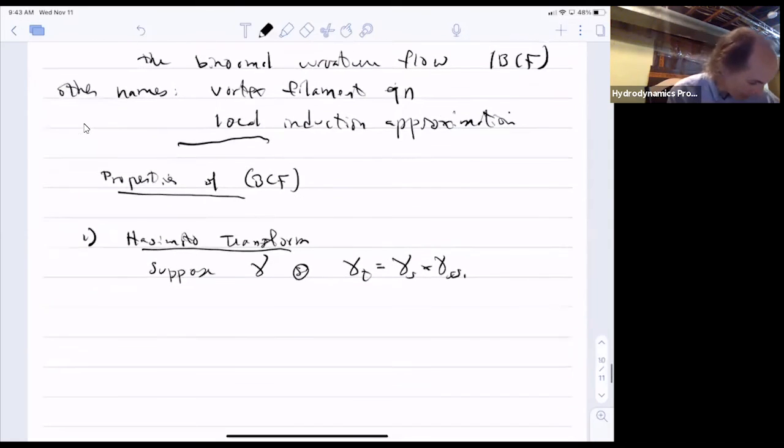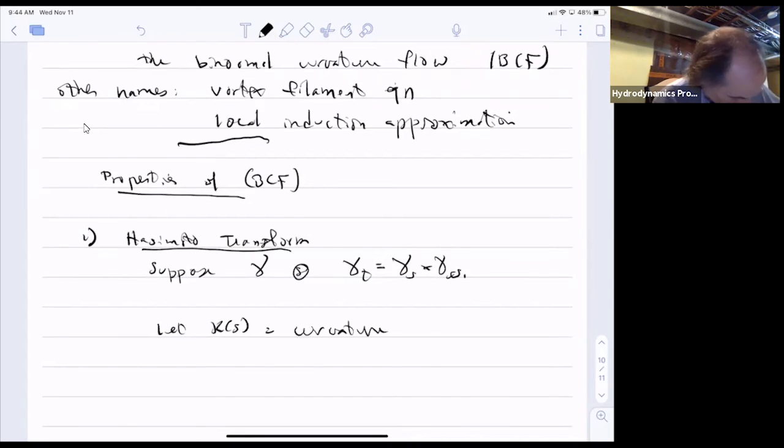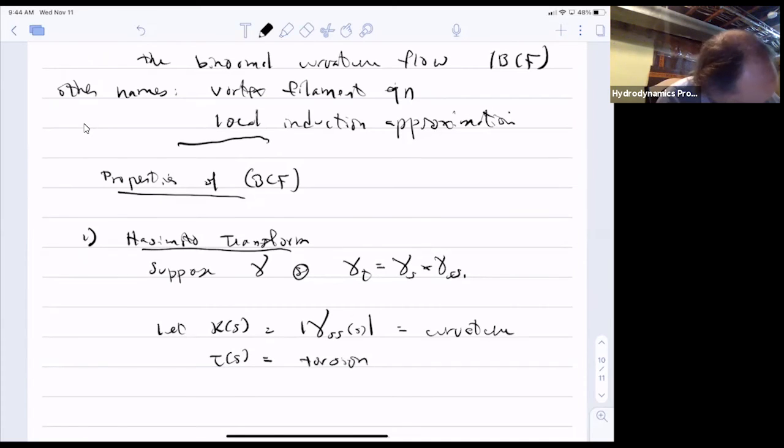Let kappa be the curvature, and tau of s the torsion. I forget the formula, but here's the definition.